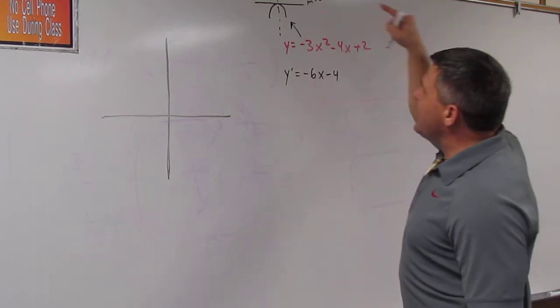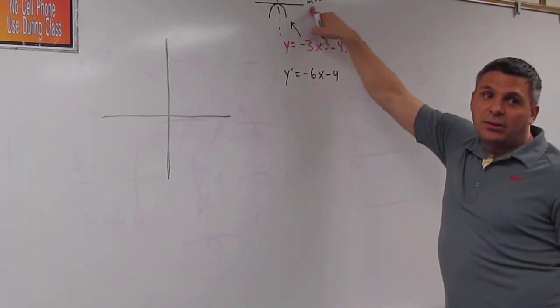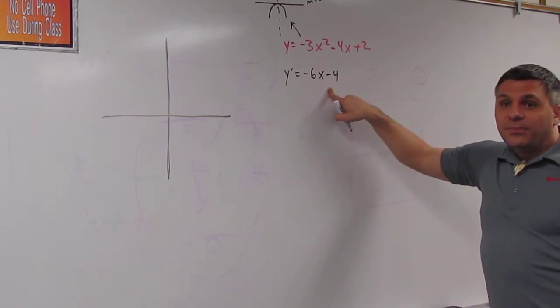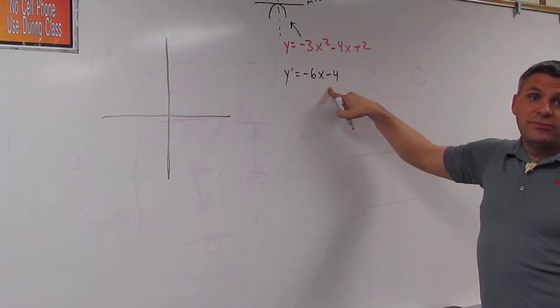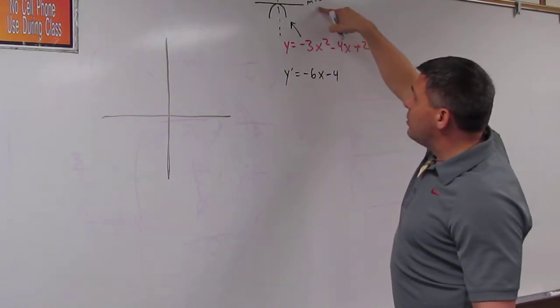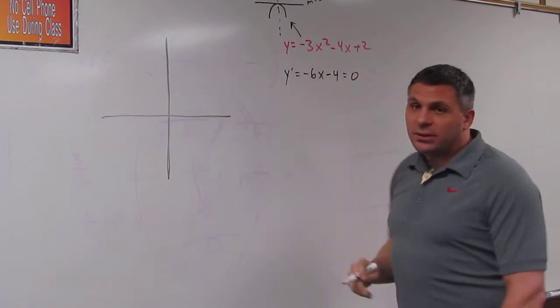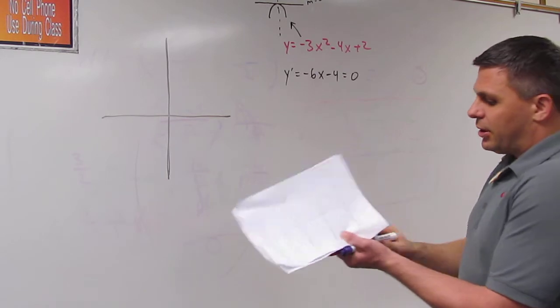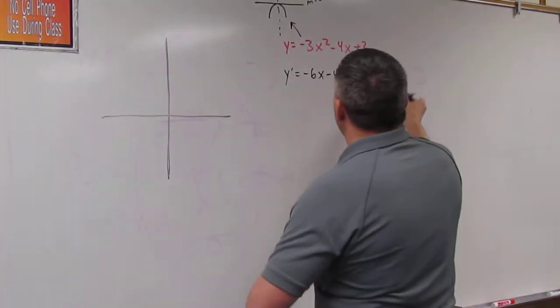So now to find that, this slope has to be 0. This is a tangent line to the curve. So anywhere along the curve, this will tell you the slope of the curve. So if we want to know when the slope is 0, then we set this equal to 0 and solve.